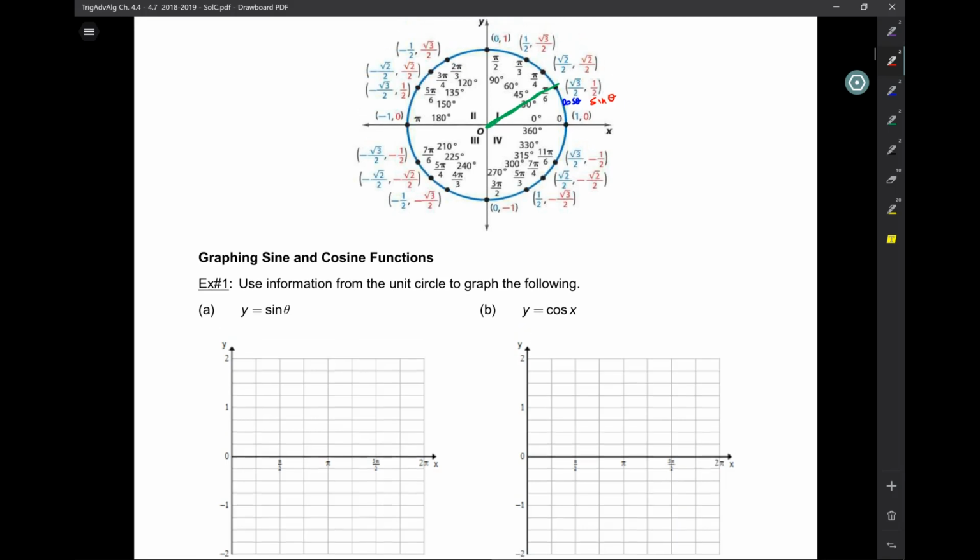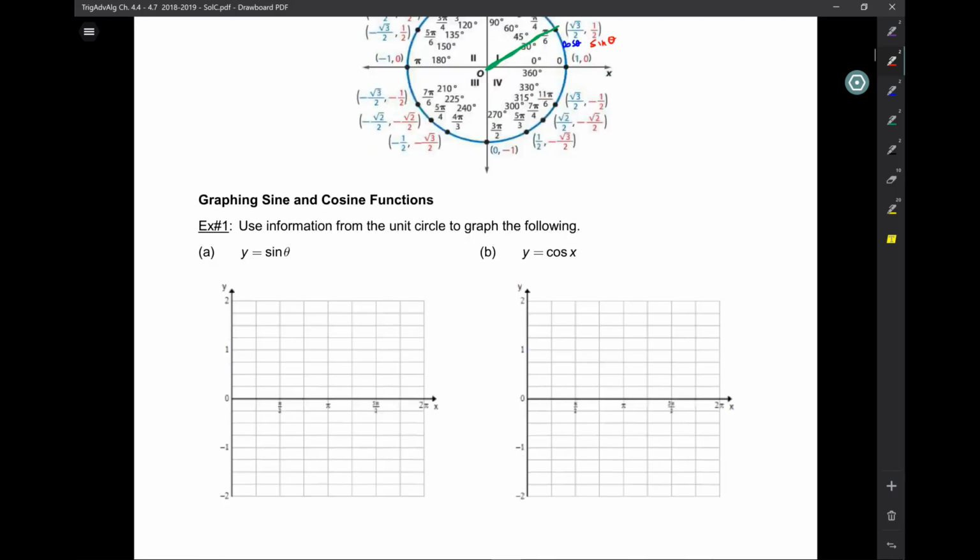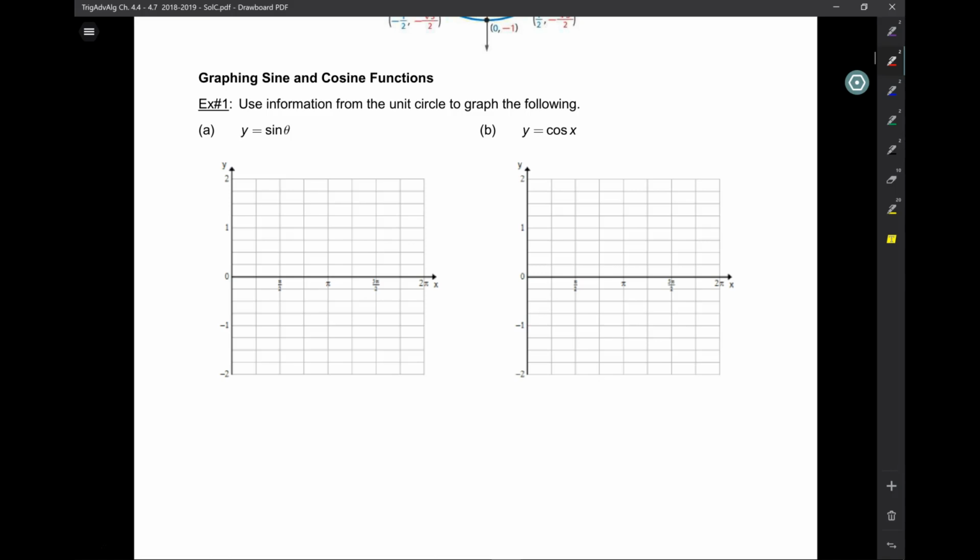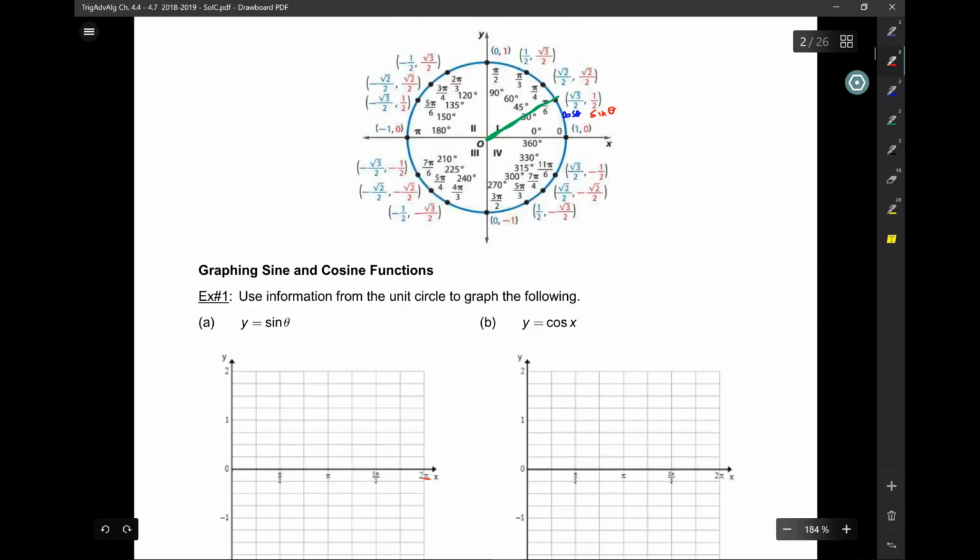Okay, let's familiarize ourselves with the x and y axes here. Take a look at this. I've got my y axis, and it's numbered just like I'm used to: 0, 1, 2, -1, -2. Look at the x axis though. That is not going up by ones. That is calibrated in terms of pi. It starts at 0, ends at 2 pi, just like the unit circle.